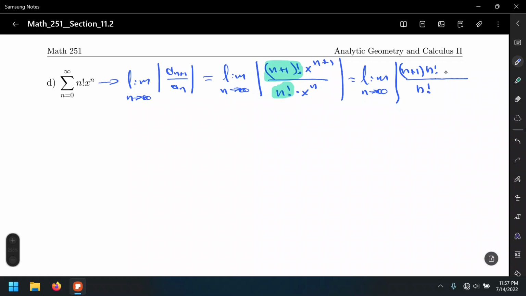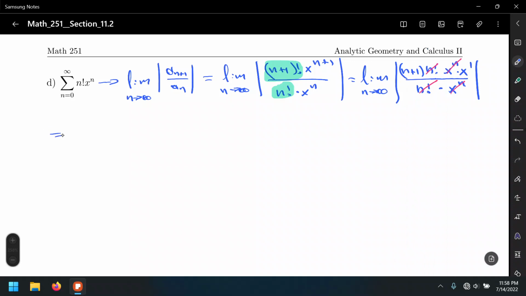And then this x to the n plus 1 can be rewritten as x to the n times x to the first, and x to the n in the denominator. So let's simplify whatever we can simplify. N factorial over n factorial, x to the n over x to the n.